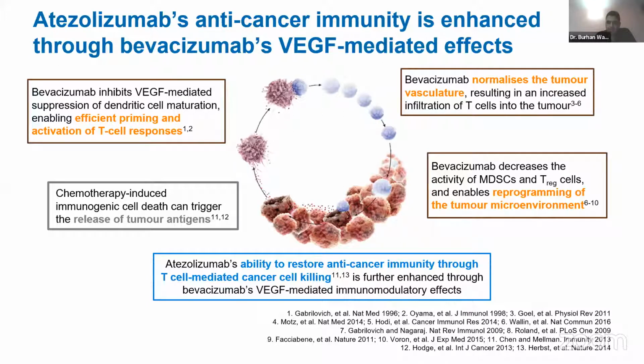Bevacizumab has also been found to result in reprogramming of the tumor microenvironment and to lead to enhanced priming and activation of T cell responses. Together with chemotherapy, there is more release of tumor antigens, which in turn triggers immunogenic cell death. All these features were the hypothesis for including bevacizumab with atezolizumab and chemotherapy in this study.